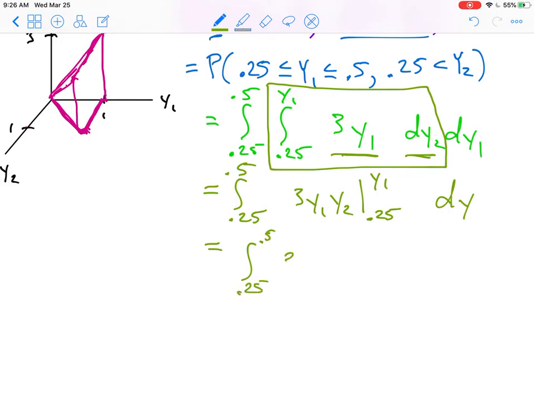And so we'll get 3y1 squared minus 3/4 y1 dy1.